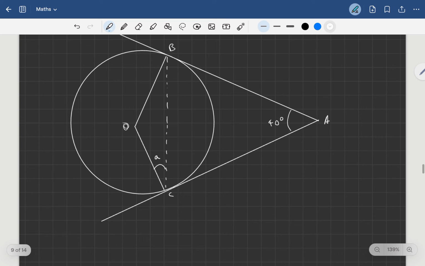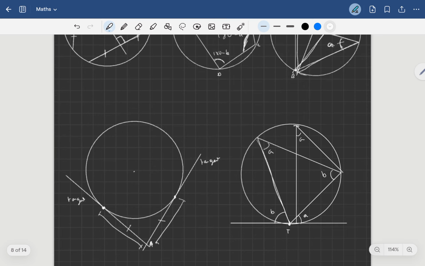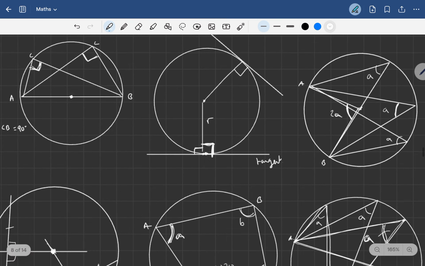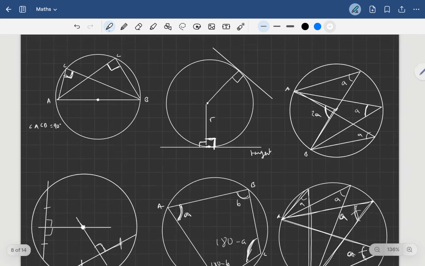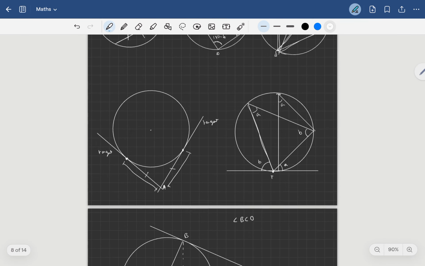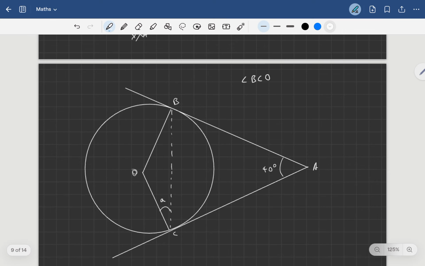We have a tangent, and OC meets it, C is the point where the radius meets the tangent. From this circle theorem up here, we know that if a radius meets the tangent, it forms 90 degrees. So we know that this right here is 90 degrees.